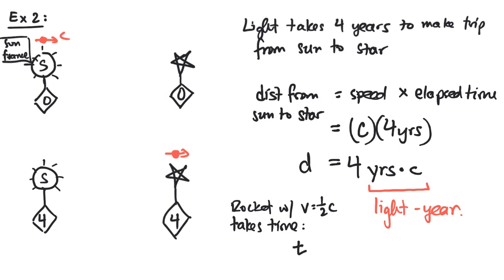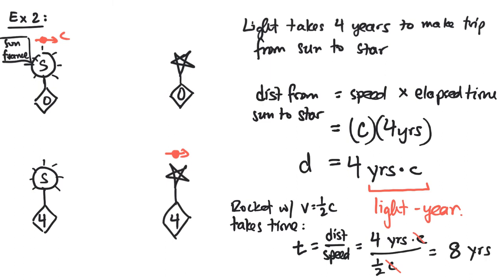The elapsed time is equal to the distance divided by the speed. The distance we said was 4 light years, and the speed was 1/2 c. The c's cancel, and we're left with years as our unit, and 4 divided by 1/2 is 8. So it would take 8 years for a rocket traveling at half the speed of light to go from the sun to this distant star.